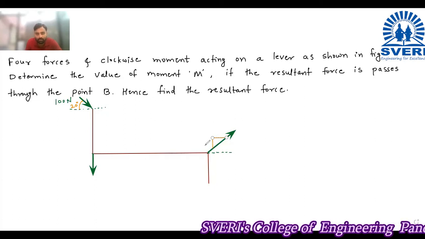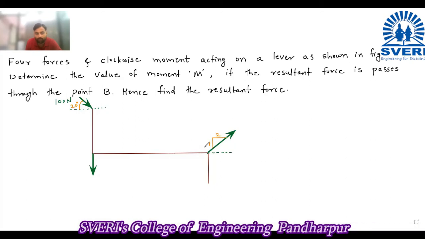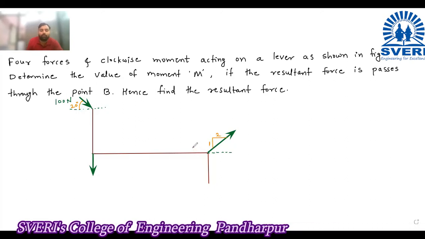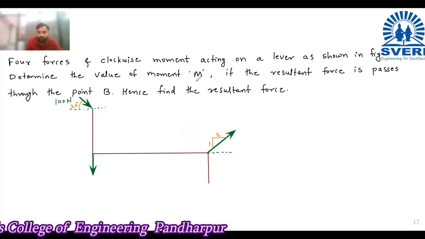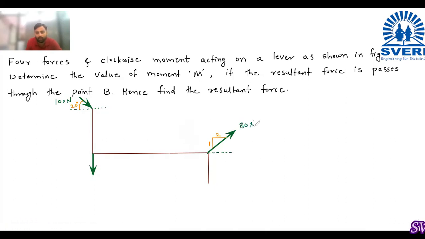This dimension is given as 1 unit and this is 2 unit. So we need to find out the angle of this force. Then here the magnitude of this force is 80 Newton. Then this force magnitude is 50 Newton.